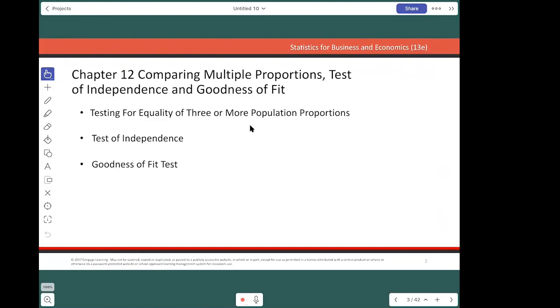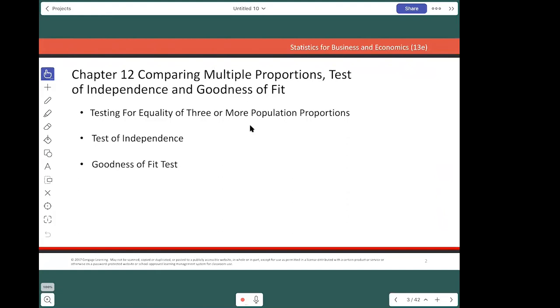So let's say, for example, I'll give you an example of that. What if we believe that the proportion of students who sign up for a major in science, a major in business, a major in arts and social sciences, what if we believe that the proportions are the same, right?